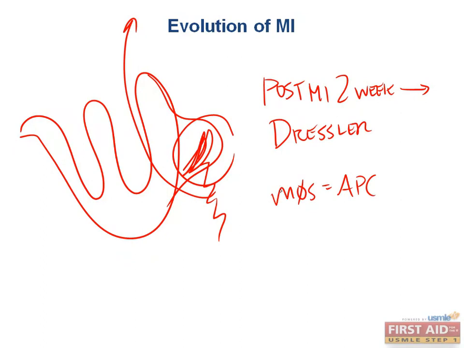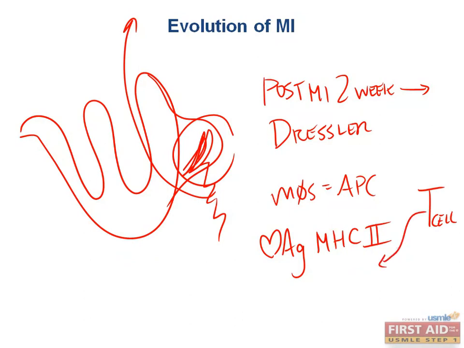All that needs to happen is that your macrophage makes a mistake and says, oh, maybe I should present this cardiac antigen on my major histocompatibility complex type 2. And what does that do? Well, a T cell just happens to be strolling along in the neighborhood and it picks up this signal, and then you get an activated immune response targeted against whatever cardiac antigen your MHC2 complex was presenting on that macrophage membrane.